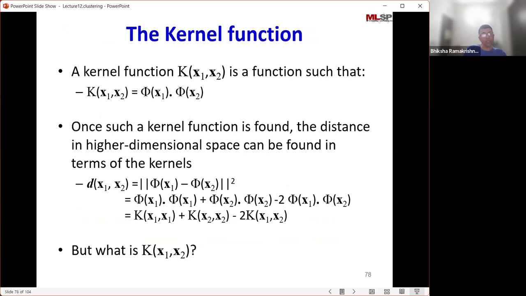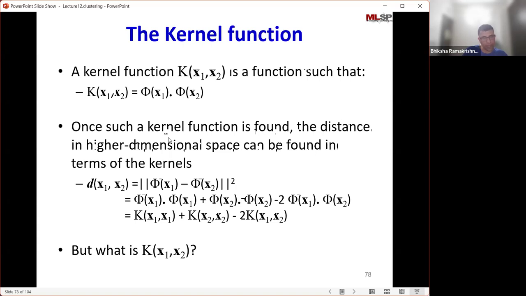For this, we introduce the kernel function. A kernel function is a function such that k(x1, x2) gives me an inner product in some higher dimensional space. I don't need to know what the higher dimensional space is. I'm just telling you, here is a function, and I'm giving you a guarantee that this is computing an inner product in some higher dimensional space. So what kind of function satisfies this property?